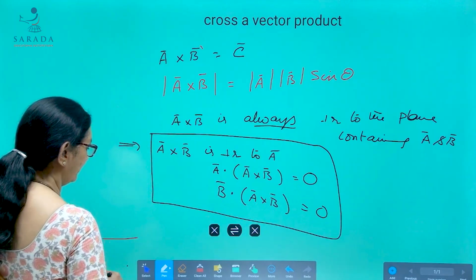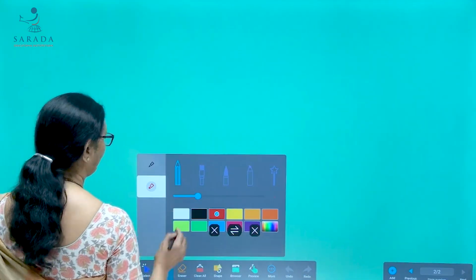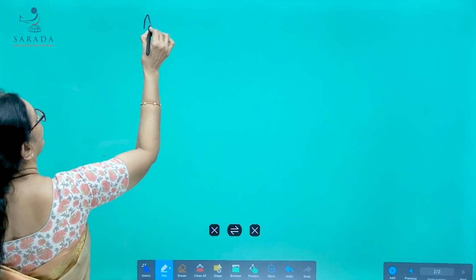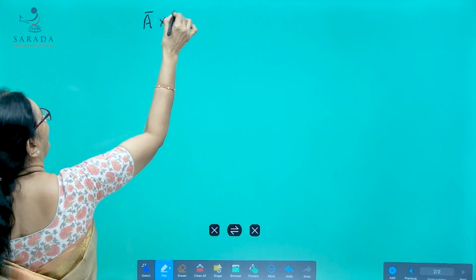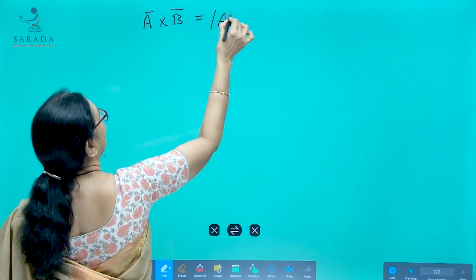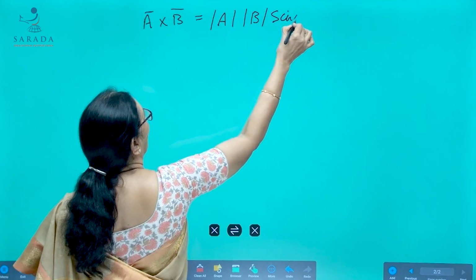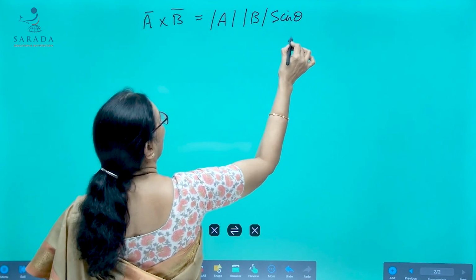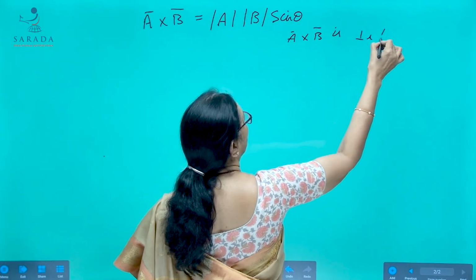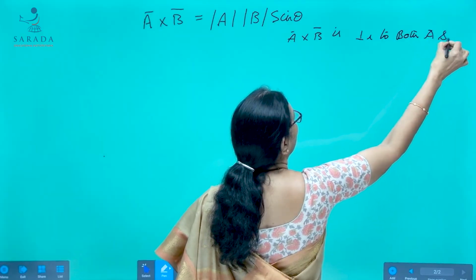Now coming to the properties of the cross product of two vectors. A bar cross B bar is modulus of A, modulus of B into sine theta, and A bar cross B bar is perpendicular to both A bar and B bar.